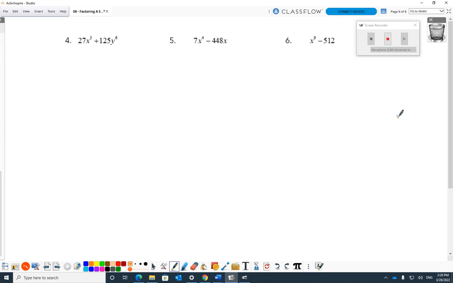When you see 2 terms, you're thinking maybe sum or difference of cubes. You go, is there something I can cube to give 27x cubed? Let's see. 3x? And is there something I can cube to give 125 y to the 6th? 5y squared. Good for you. It's easy to mess up the exponent one, like the variable power.